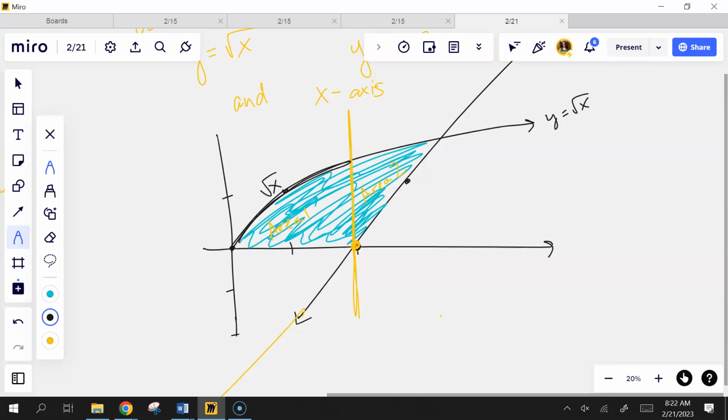And by definition, the integral is from that curve down to the x-axis. So to find area 1, I need to find this point. Agreed? Well, we know that. What is it? 2. So I'm going to go from 0 to 2. What's my function? Square root of x dx.